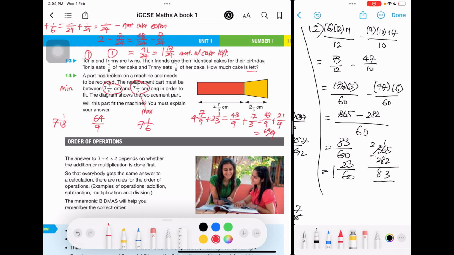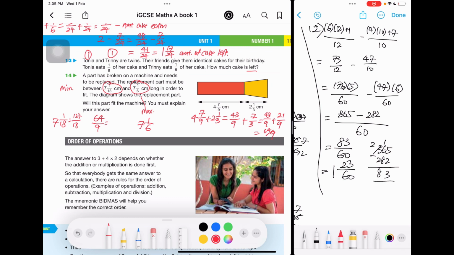In order to compare, we will need to make the denominator common. But first, we will need to convert everything to improper fractions for accurate comparison. So we will use 18, since 9 and 6 both are able to reach 18. 18 times 7 is 126, plus 1 gives you 127 over 18.